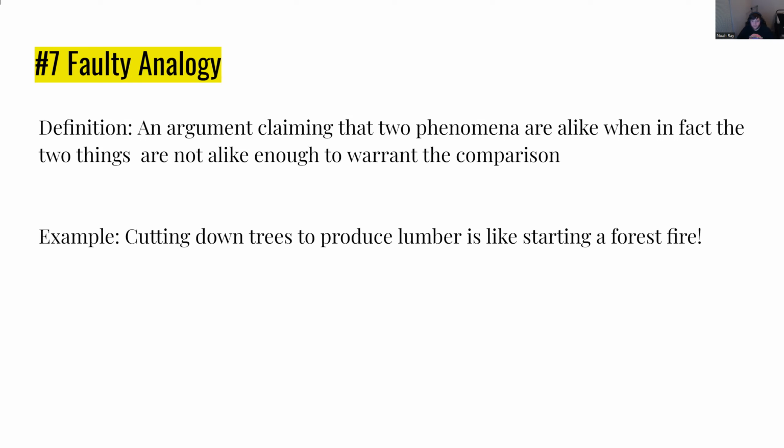While cutting down trees and forest fires both destroy forests, neither are similar enough to be compared like this, as cutting down trees actually produces something, whereas forest fires just destroy things for the sake of destruction.